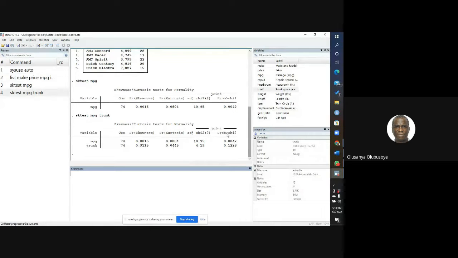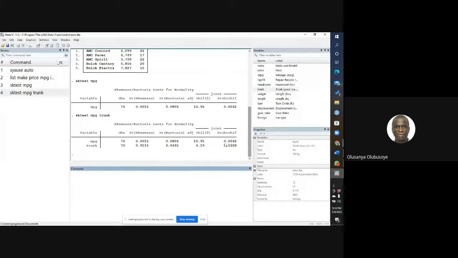We are basing our decision on this. Can you see where the cursor is? Yes, I can see it very well, sir. Can you see the probability greater than chi-square? That probability is based on this test statistic, chi-square. But don't worry yourself about that.